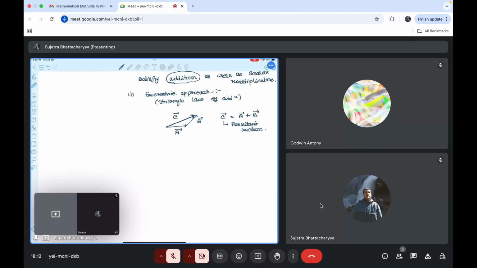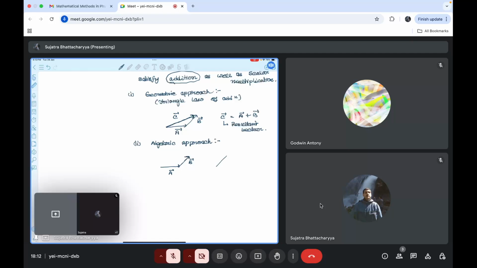Another is what is called the algebraic approach. There, we try to calculate using the components. So you have again these two vectors, say A and another vector B, and we know that a property of vectors is that we can shift them parallel. So I will shift this B vector parallelly so that it becomes a coincident vector.